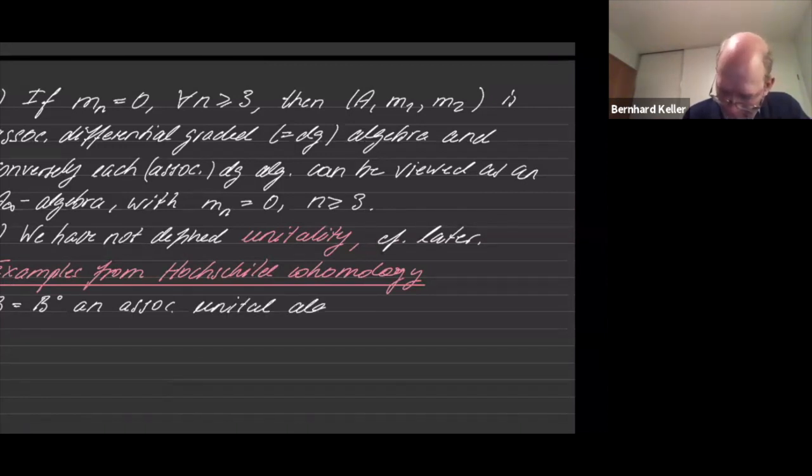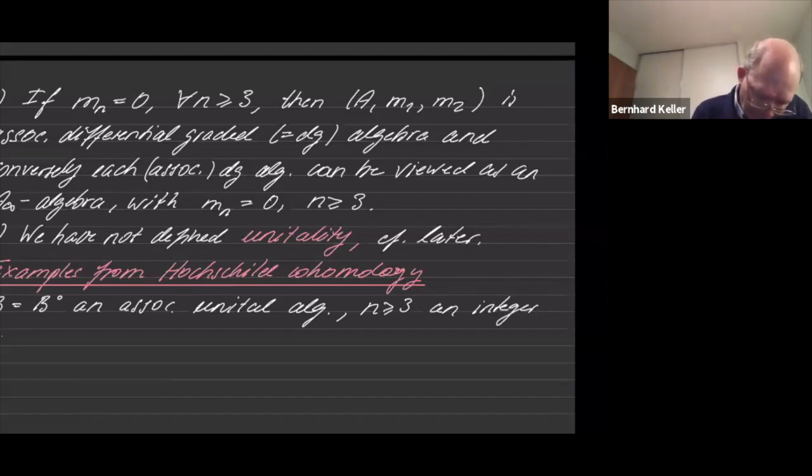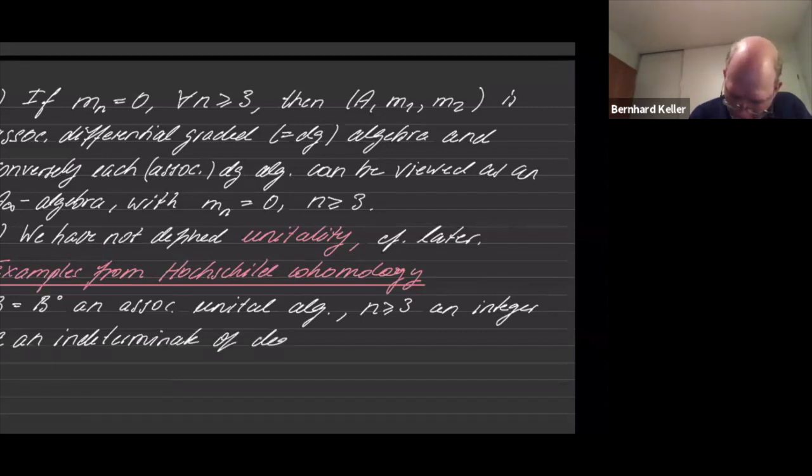And let's take n greater or equal to 3, some integer. Let's take epsilon, an indeterminate of degree 2 minus n, whose square vanishes.